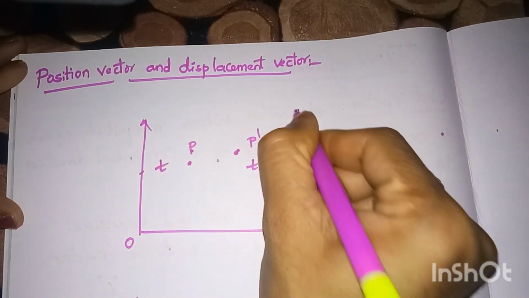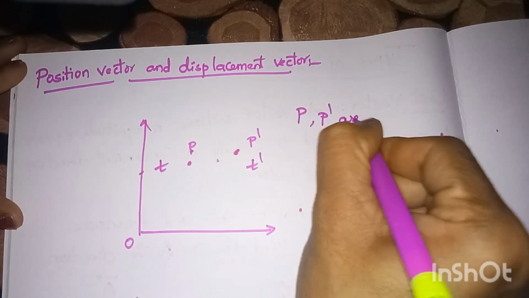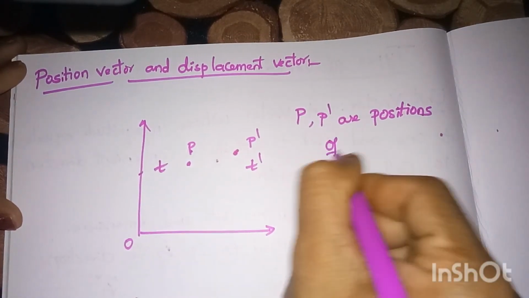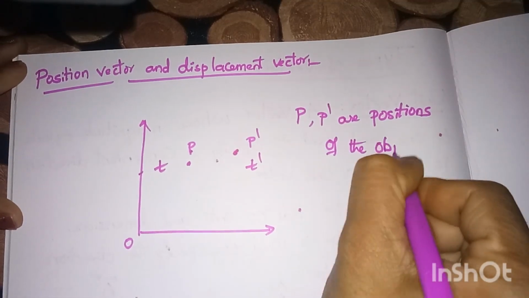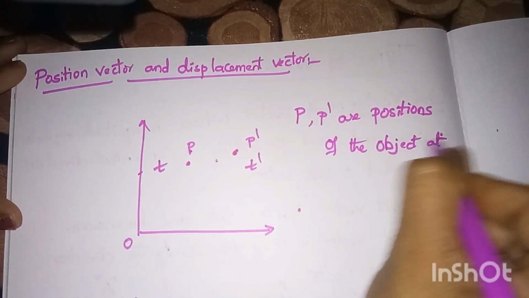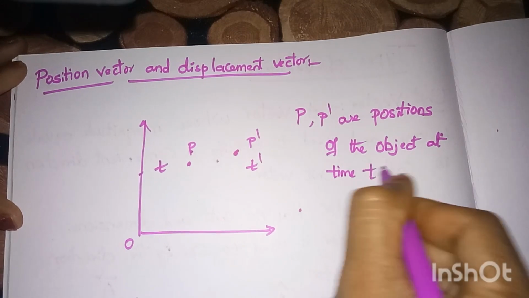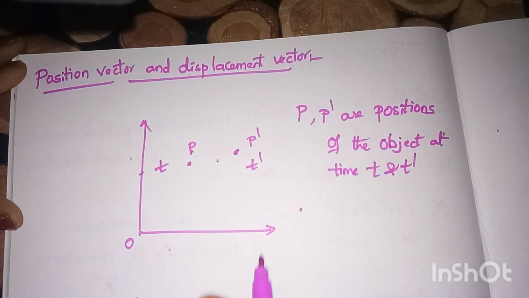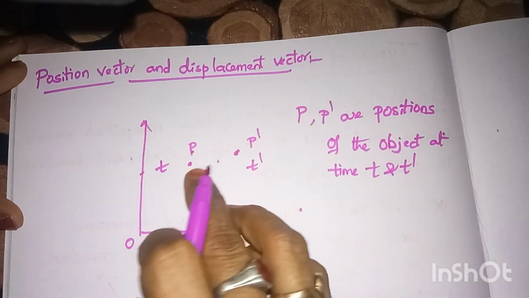So P and P dash are positions of the object at time T and T dash. Now we are going to find the position vectors for the points P and P dash.